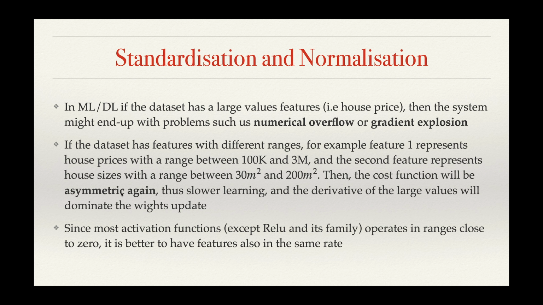And because most activation functions except ReLU and its family operate in a range close to 0, it's better to have features also in the same range, which means between -5 and 5, for example, or -10 to 10.